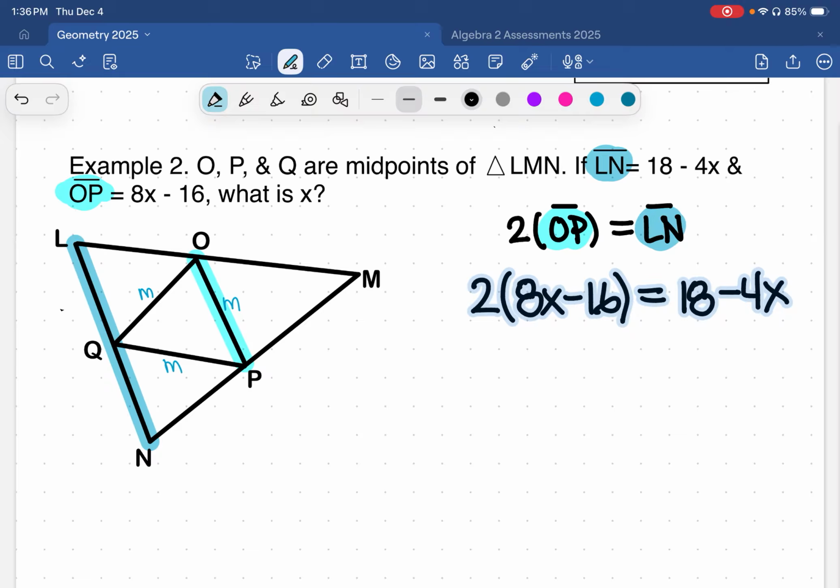You could also come in and write those on here, right? And we can solve this equation for x by distributing first. Remember, we're solving for that x, right? So we would distribute the 2 first.